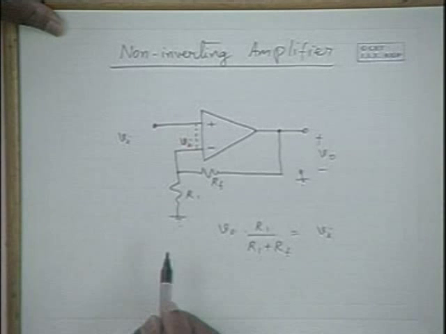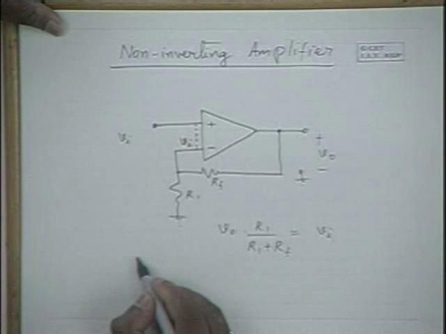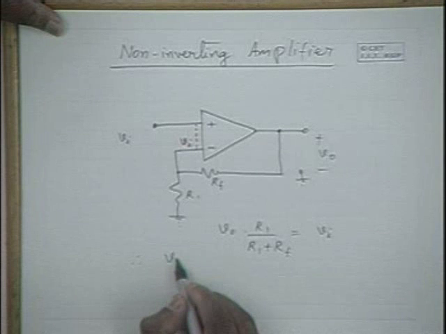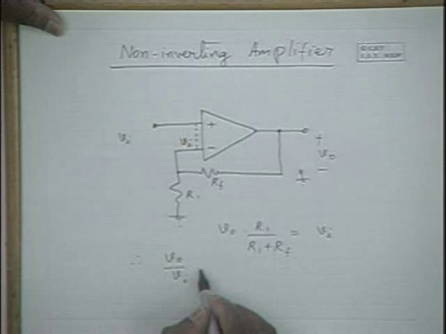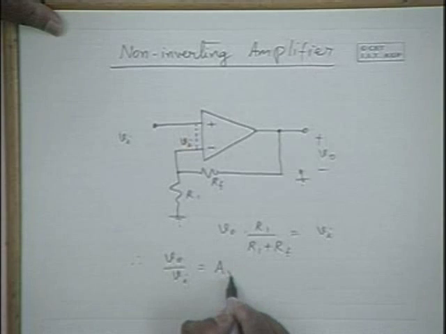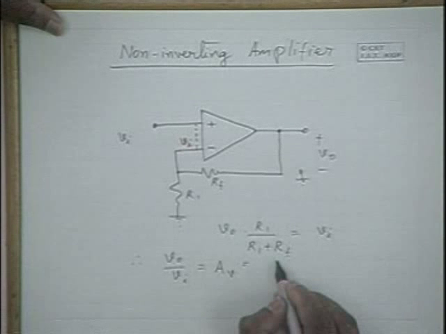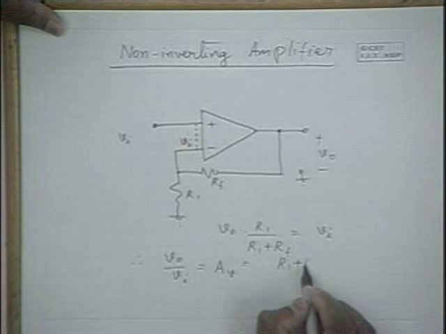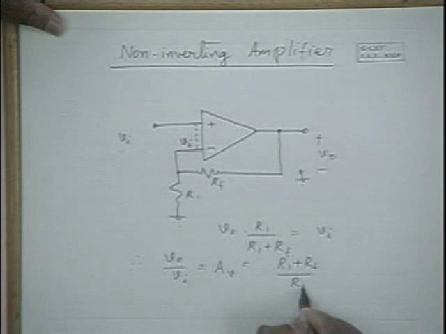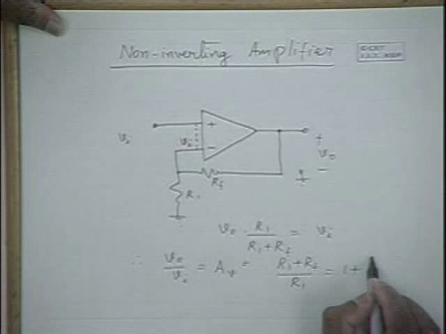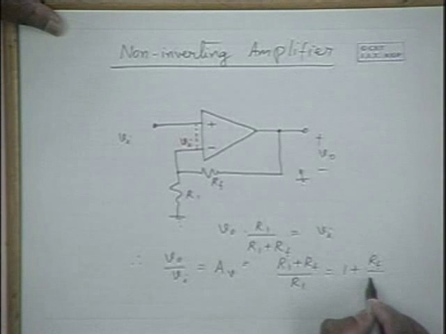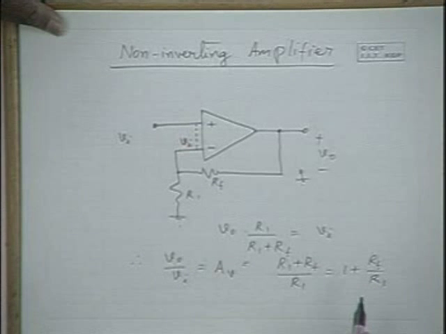And Vi is the input voltage itself. Hence, V0 to Vi ratio is the voltage gain, and that is equal to R1 plus Rf by R1, and this is equal to 1 plus Rf by R1 itself.